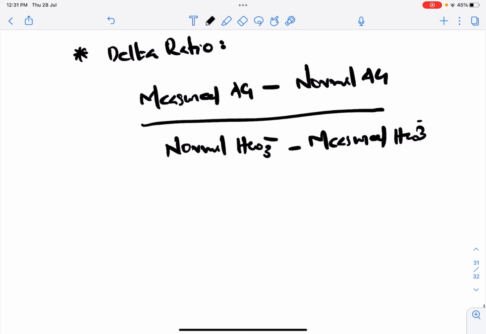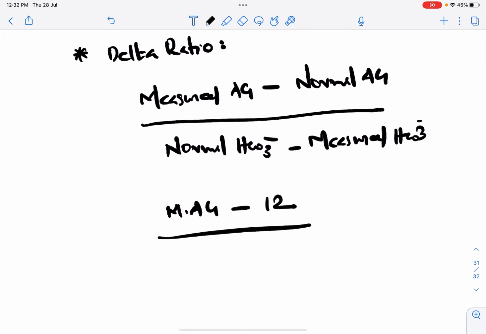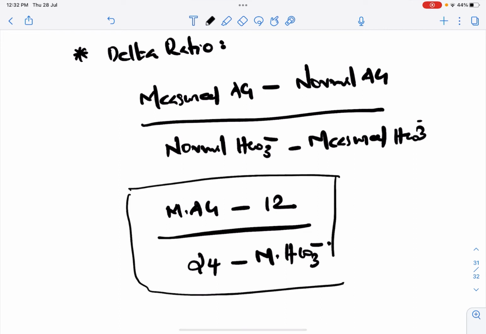The normal anion gap, as I already told, is 12, divided by normal bicarbonate, which is 24, minus measured bicarbonate. So this is the equation for delta ratio.